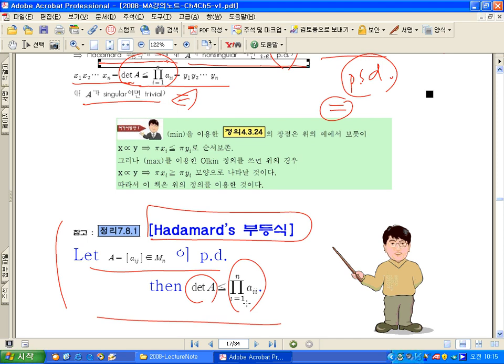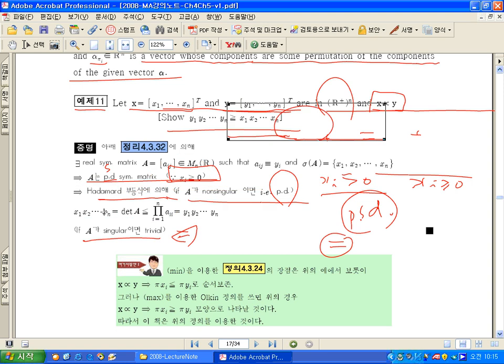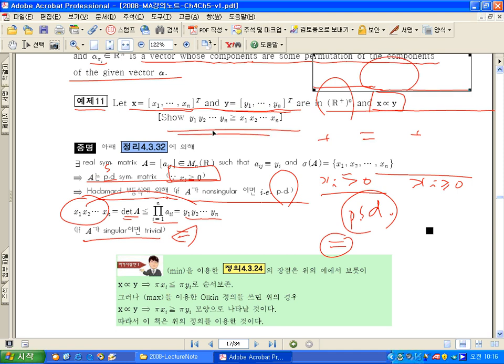So since these are the eigenvalues, the product of eigenvalues is the determinant, and this is the product of main diagonal entries, and the main diagonal entries of that matrix A are the y_i's, so that has this kind of relationship. So this is just another nice property that we can easily draw.